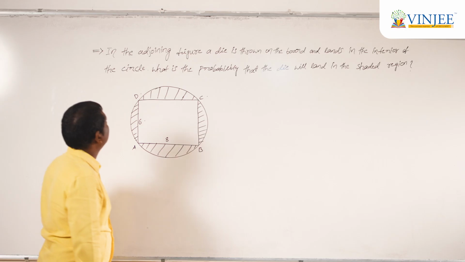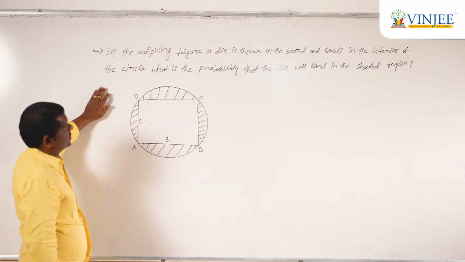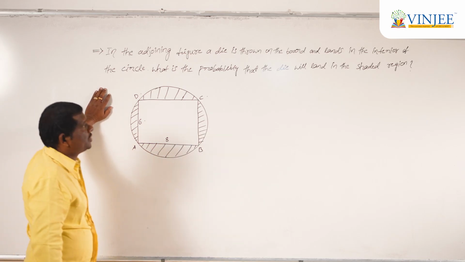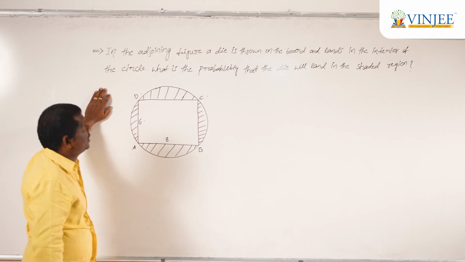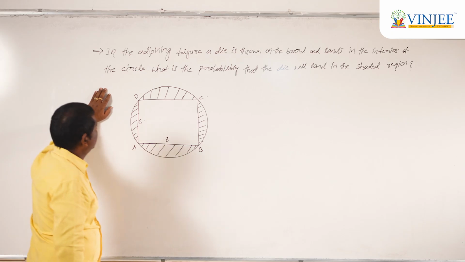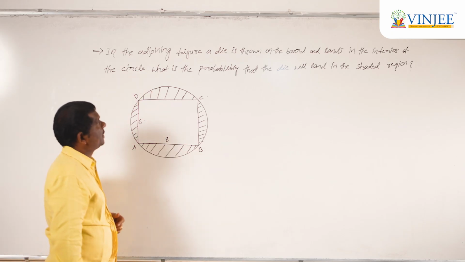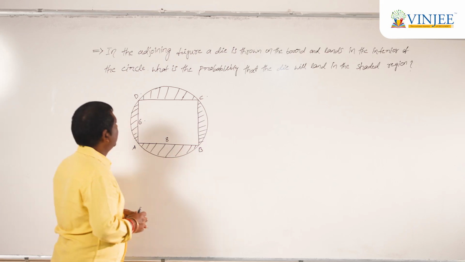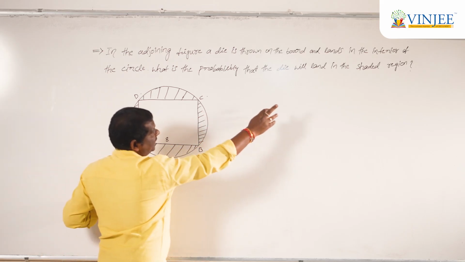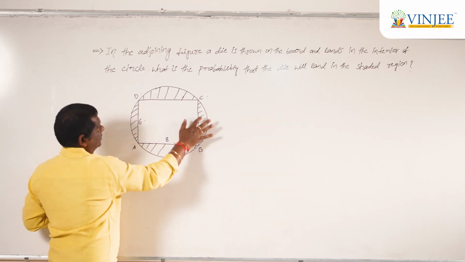See here. In this, a die is thrown on the board and it will fall in the interior of the circle. What is the probability that the die will land in the shaded region?